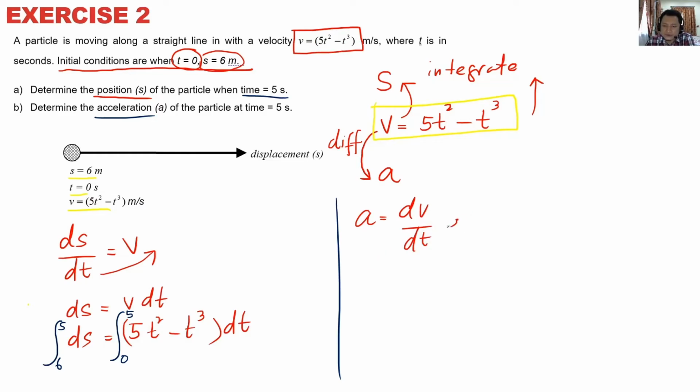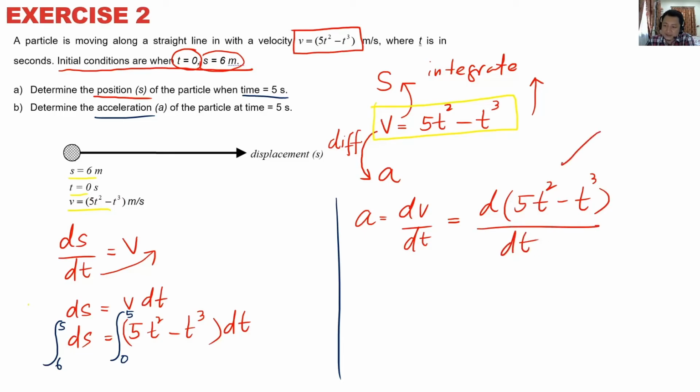The correct way to write this is d of 5t squared minus t cubed over dt.